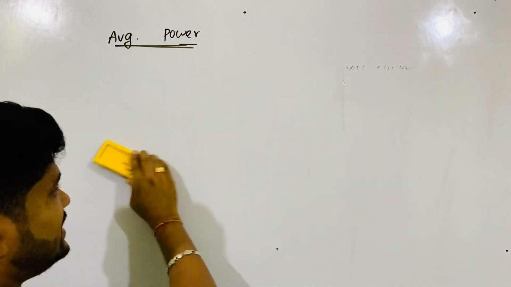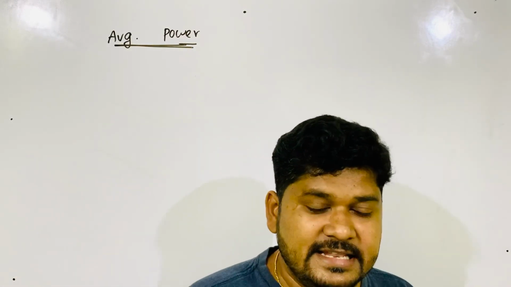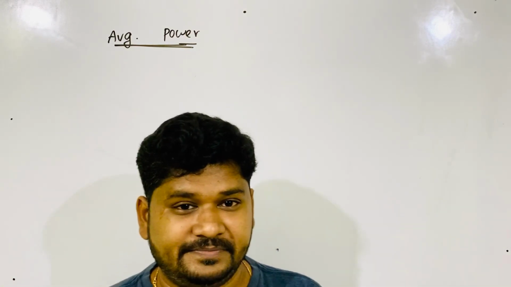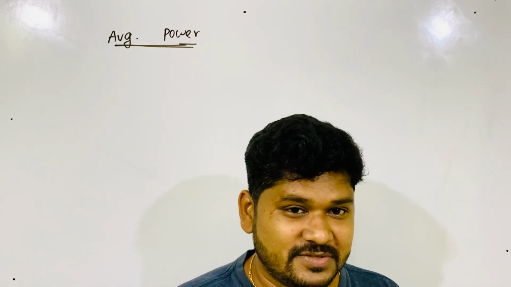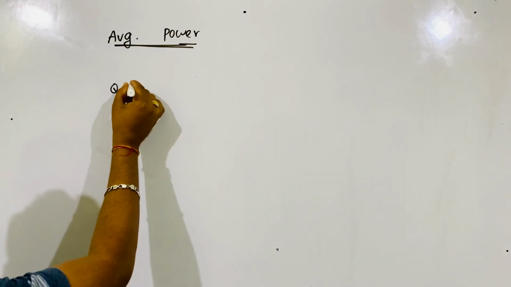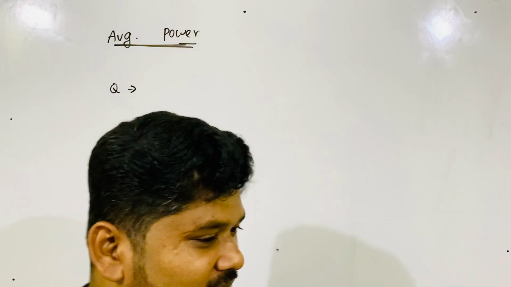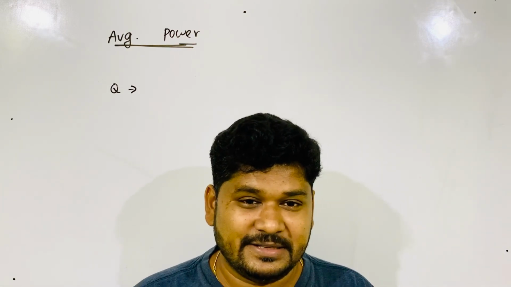So this is the expression of average power in an LCR circuit. But one question to you after discussing this much. First question: can instantaneous power be negative?